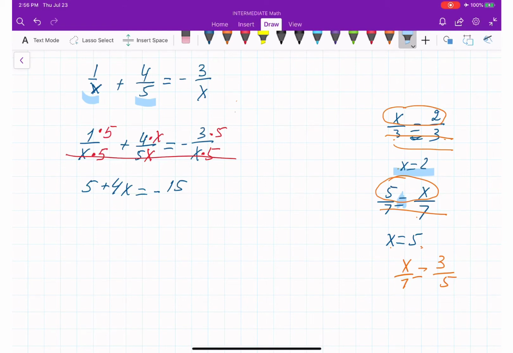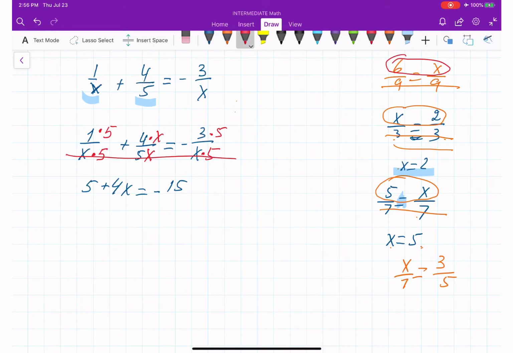And if I have, let's say, 6 over 9 is equal to x over 9, since we have the same denominator 9, I can drop it and read 6 is equal to x to validate the equation.